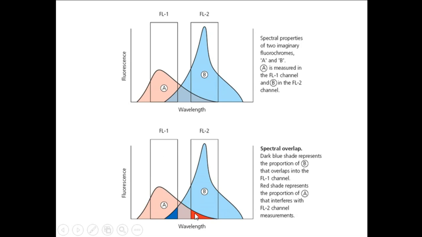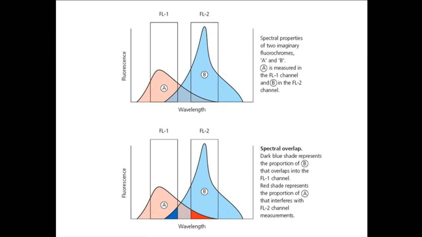But you can see here that some of the light emitted by fluorochrome A is getting detected by FL2, which means this detector will get a higher signal for fluorochrome B than there actually is. So again, you can tell the computer to take away this percentage of the signal, because we know this percentage of the signal is actually fluorochrome A.